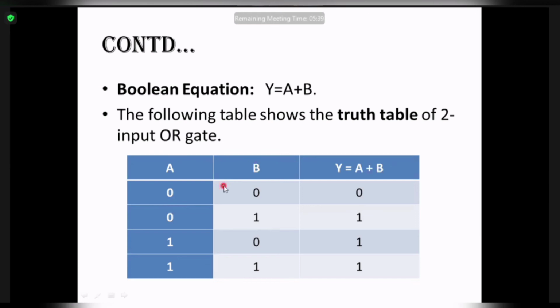With these two digits, 0 and 1, I can form 4 combinations: 0 0, 0 1, 1 0, and 1 1. This is said to be the number of possible combinations. Can you understand what we have done? We have two inputs, right? We have two binary digits, 0 and 1.